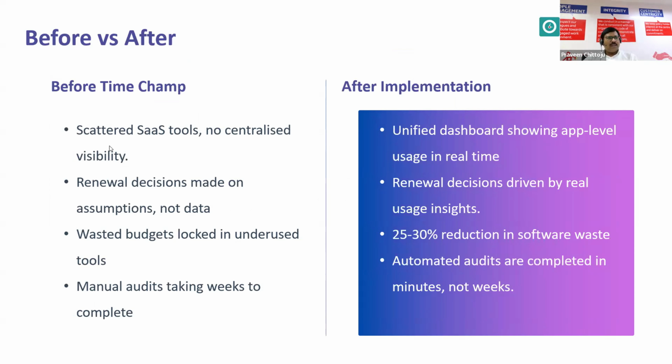Before TimeChamp implementation, they had no centralized visibility. They didn't have clear visibility on where they were using tools. After TimeChamp, they got a complete dashboard showing group-level usage in real time. Before, renewal decisions were made on assumptions, not on data. But after TimeChamp, renewals are done on real usage reports.